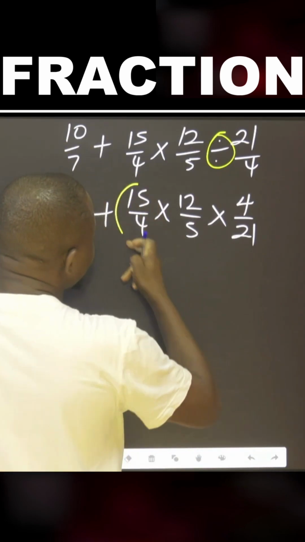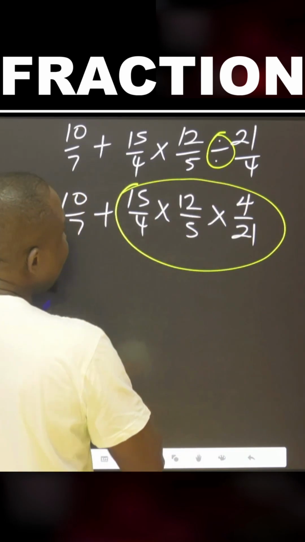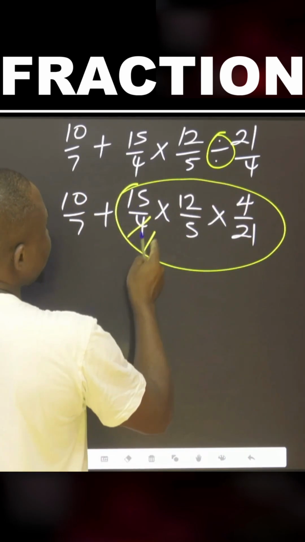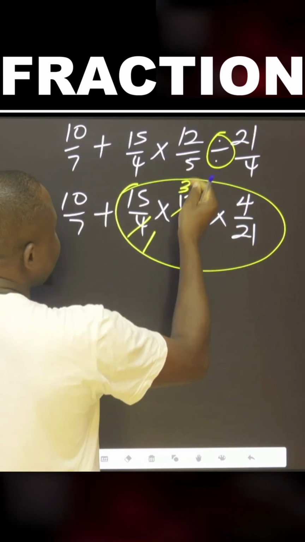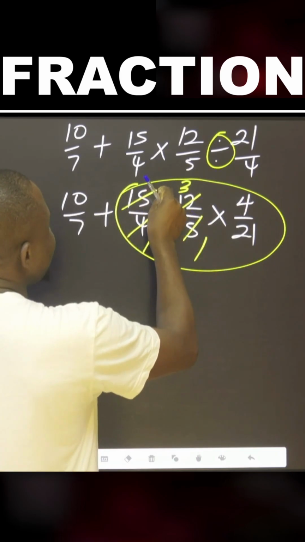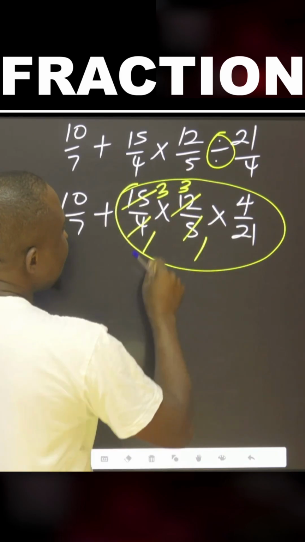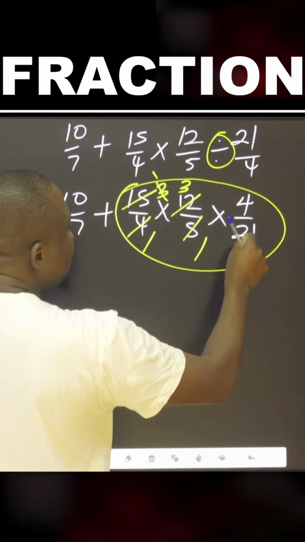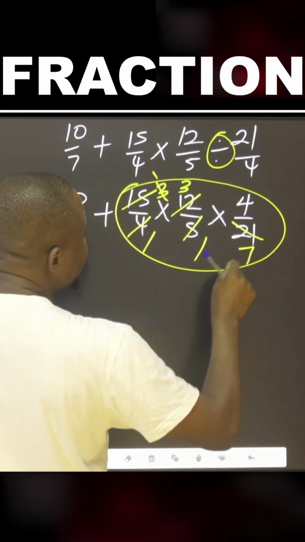For this multiplication group, as you can see in this place, 4 here is 1, 4 here is 3. 5 here is 1, 5 here is 3. Okay? 3 here is 1, 3 here is 7.